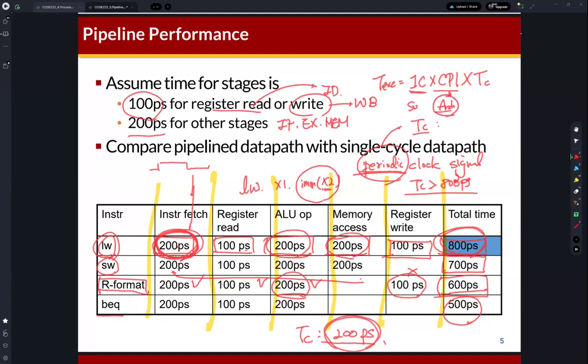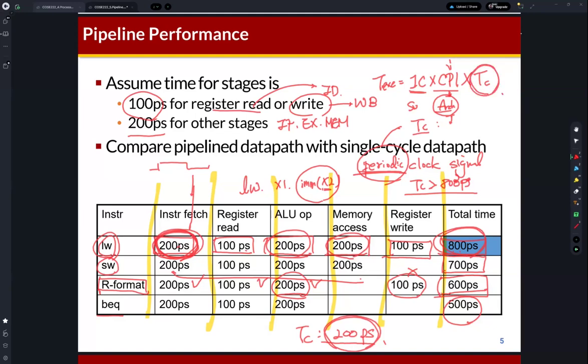But we can assume that CPI is 1, because, as I explained, it's not really true, but it's just for the ideal processor. The CPU can receive every instruction, every clock, right? So we can say that our CPI is 1, okay?